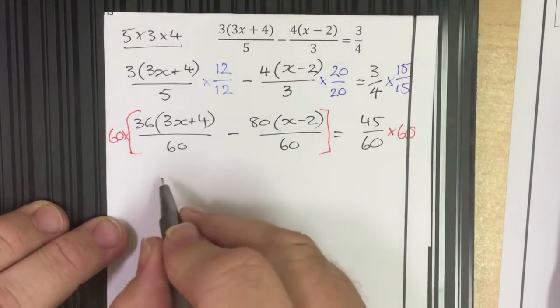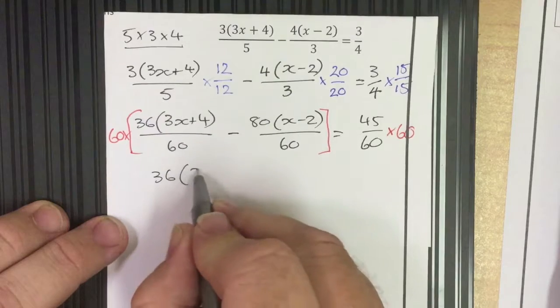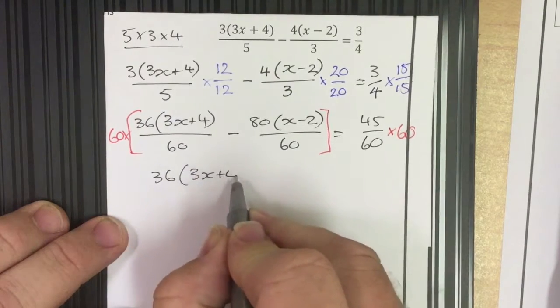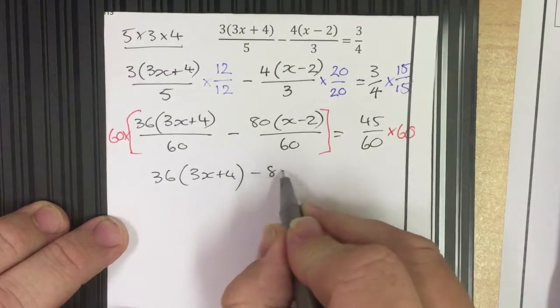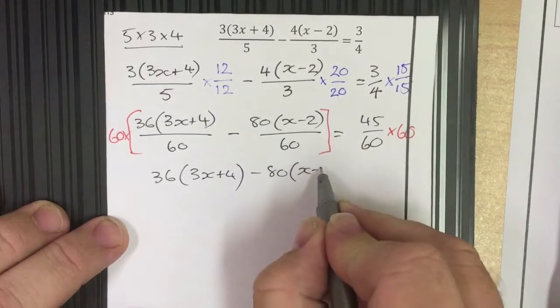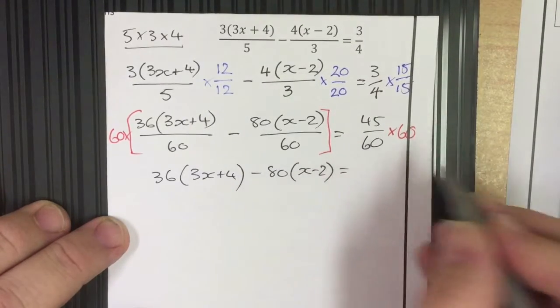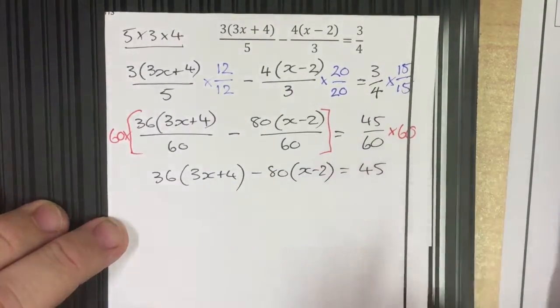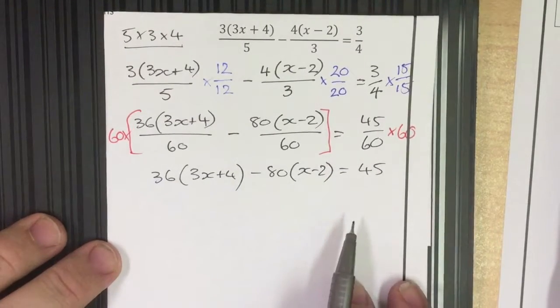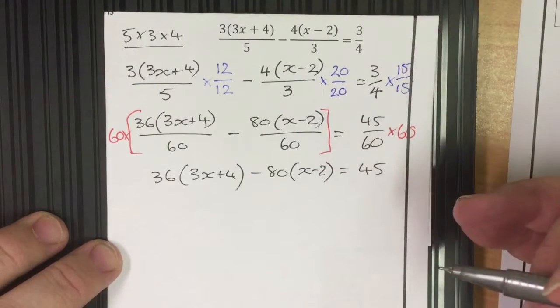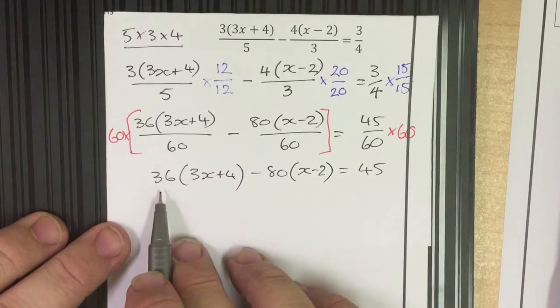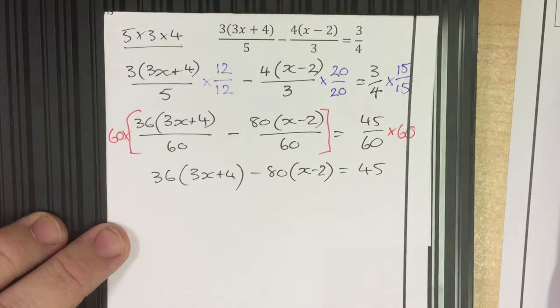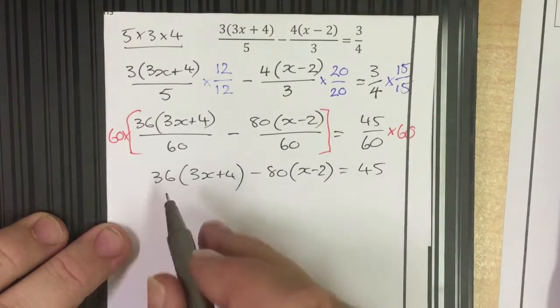And by design, I've now just got 36 times (3x plus 4), subtracting 80 times (x minus 2), equals 45. So something a lot simpler for me to deal with, and I don't have to worry about those rational numbers anymore. Let's just go ahead and distribute out these factored terms.